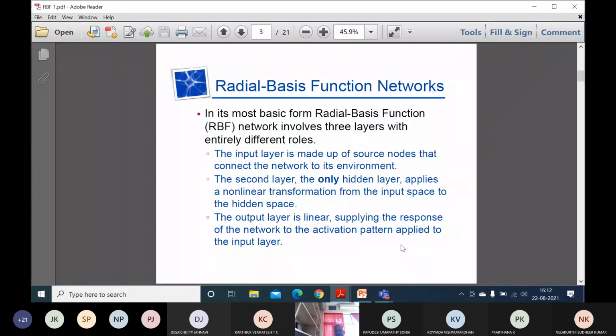The output layer is linear in nature, supplying the response of the network to the activation pattern applied to the input layer. From the hidden to the output is linear.